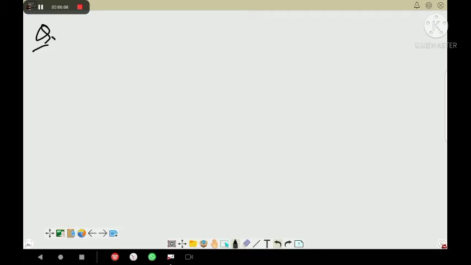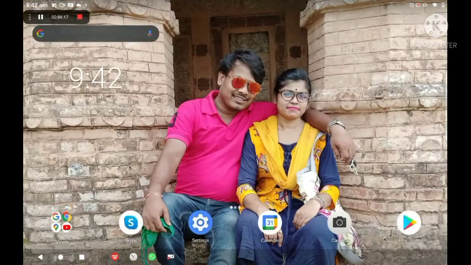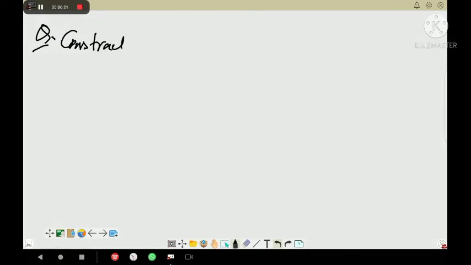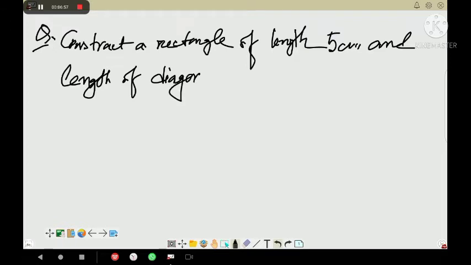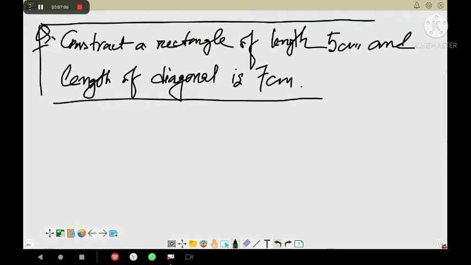If I take one question: construct a rectangle of length 5 centimeters and length of diagonal 7 centimeters.